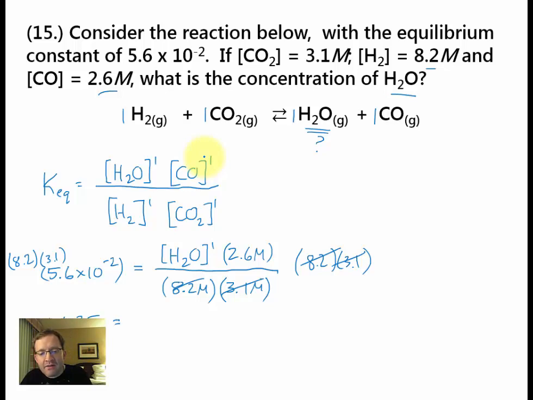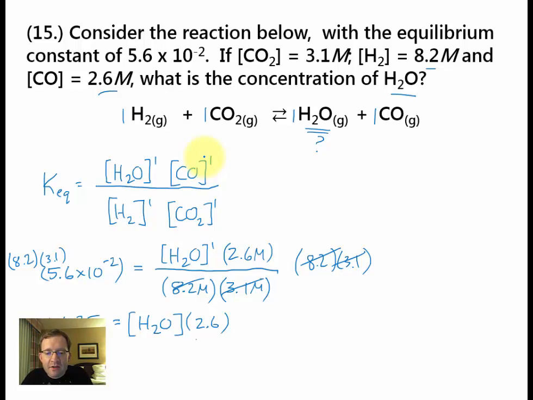And on the other side, all we have left is water, which is our unknown to be calculated. Okay. So water times 2.6. Notice I'm dropping the molarity, because in the end I know this has to be molarity anyway. It's not going to come from my math because the units aren't there to be calculated and canceled out.